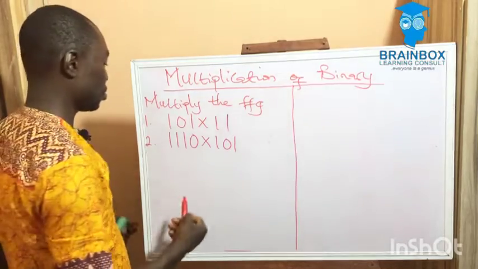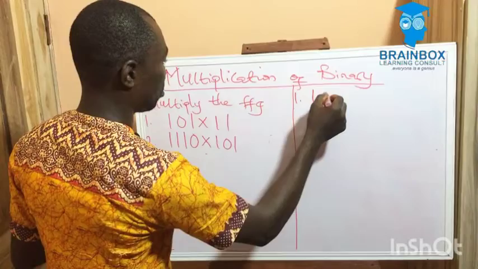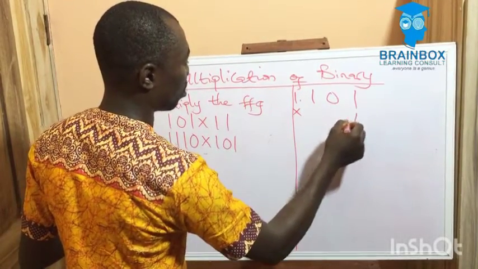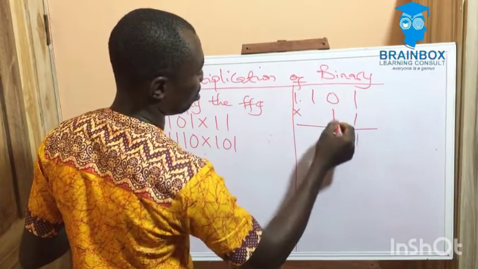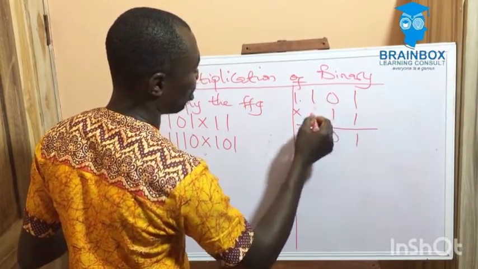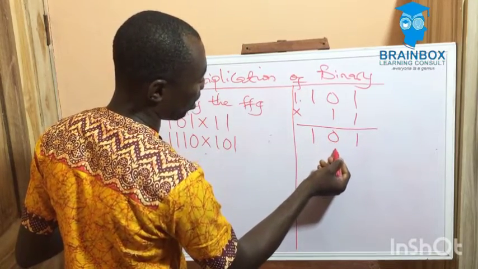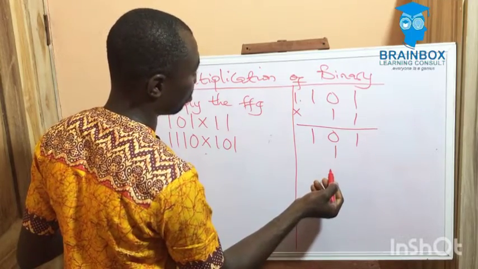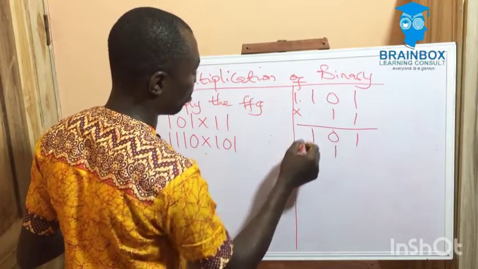So you have to follow through. 1, 0, 1 times 1, 1. So 1 times 1, we have 1. 1 times 0, we have 0. 1 times 1, we have 1. You are going to start from here, just the way you do your long multiplication. 1 times 0, we have 0. 1 times 1, we have 1.